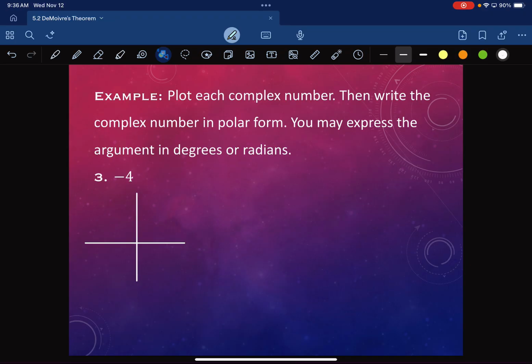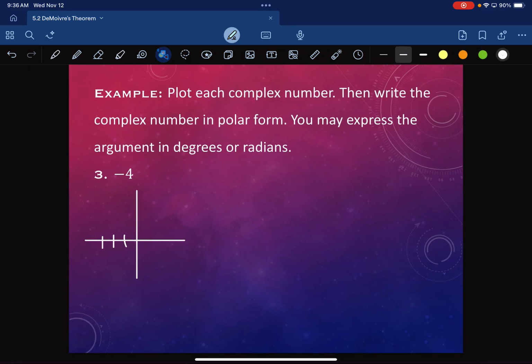Left side. On the left side, you bet. It's the real number on the left side. So if I go 1, 2, 3, 4, roughly speaking, I'm right here, correct? Everybody good with that? Okay, so I'm supposed to now be writing this in r cosine theta plus i sine theta form. That's the goal.